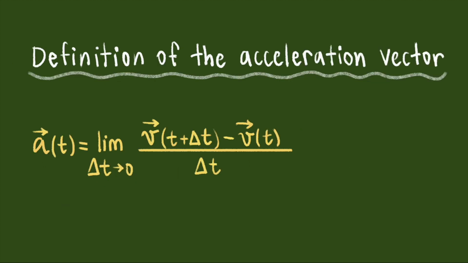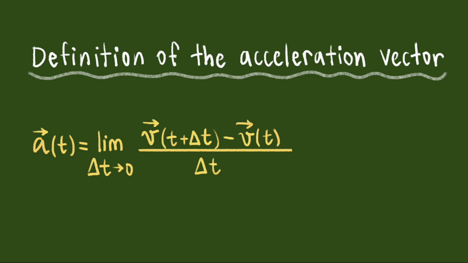Just as we define the velocity vector from the change in the position vector, that is, the displacement vector, we can now define the acceleration vector from the change in the velocity vector. This is the definition of the acceleration vector. Acceleration is usually expressed by the letter a. In the limit of a small time interval delta t, we can define the instantaneous acceleration.